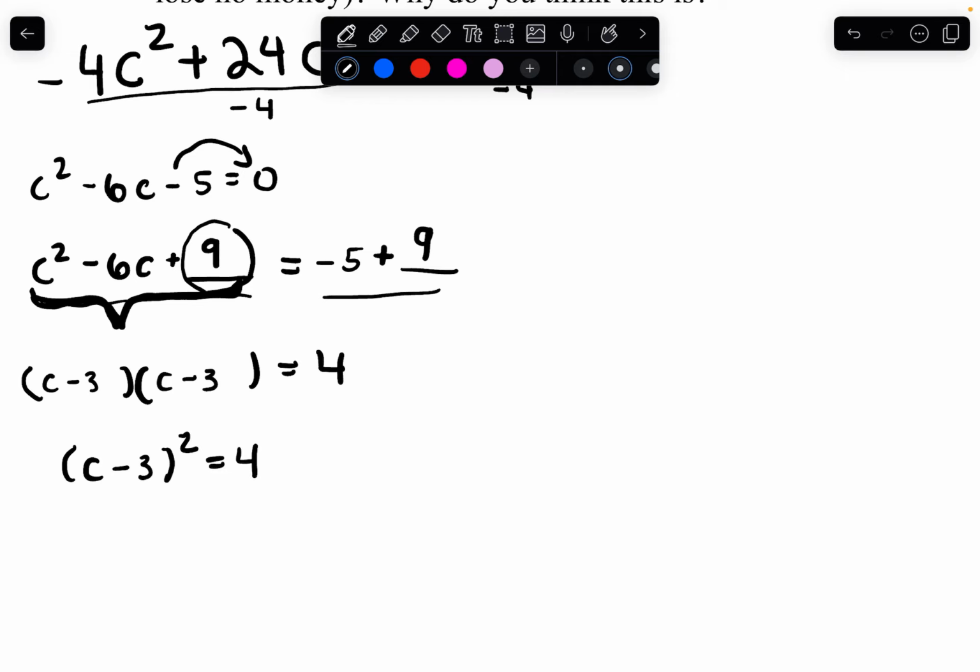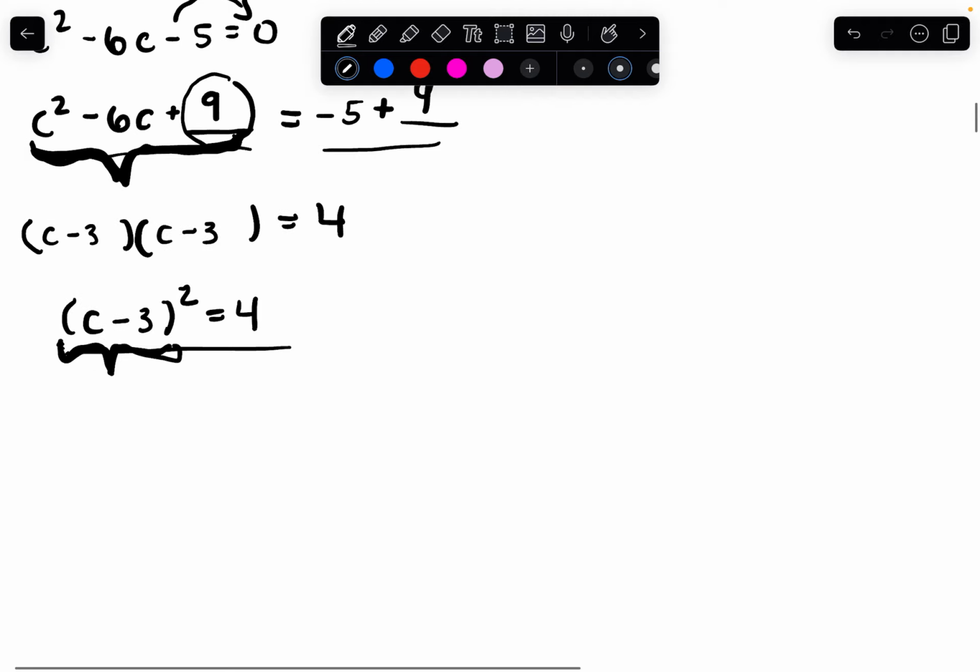A lot of us jump into this step of the algorithm, but as a result, you didn't make the connection that the reason why you're able to do this is because that's a perfect square trinomial and this is the factored form of a perfect square trinomial. And we use the factored form of a perfect square trinomial to solve quadratic equations when we're completing the square on them.